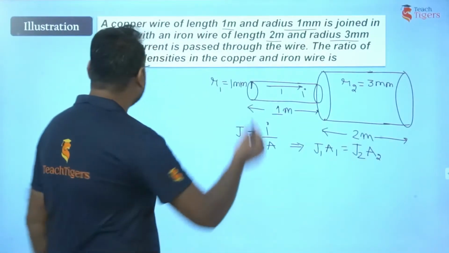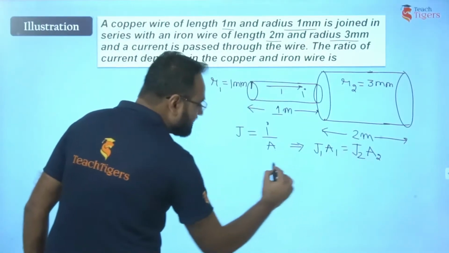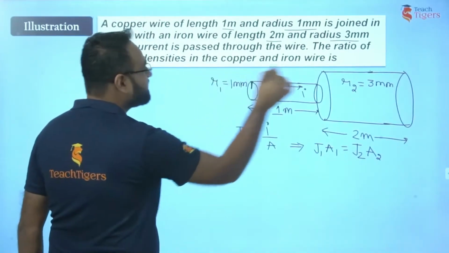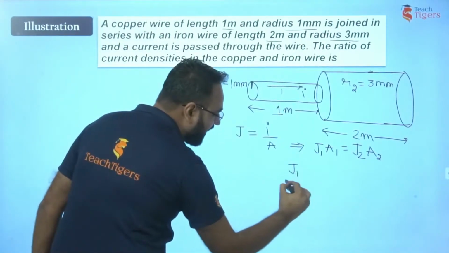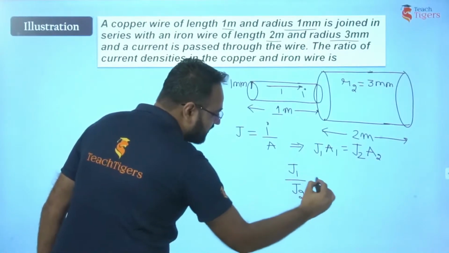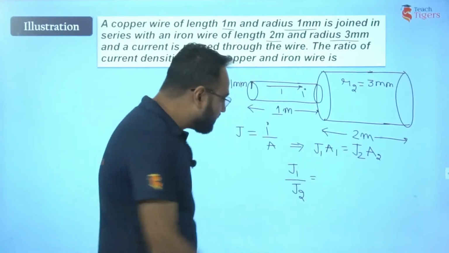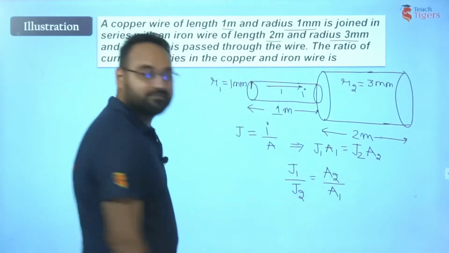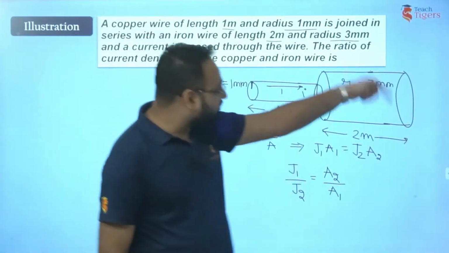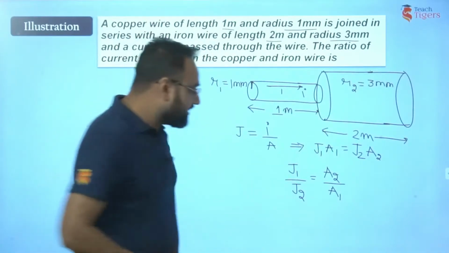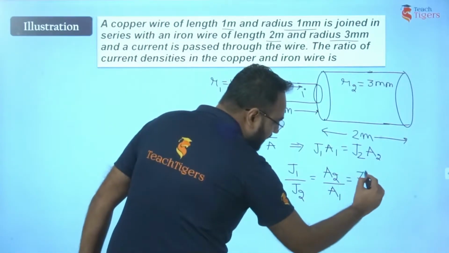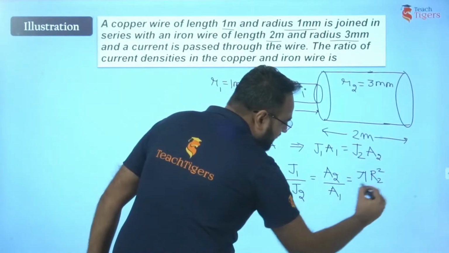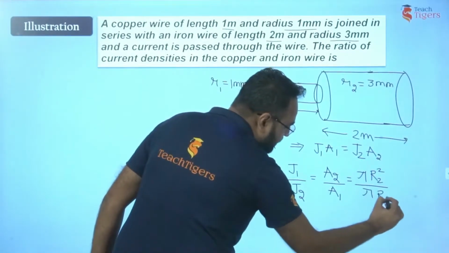Now, we have to find the ratio of current densities. That means the ratio of current densities in the copper and iron wire, so we have to find J1 upon J2. What will J1 upon J2 be? It will be simply A2 upon A1, and we know the area of cross-section is pi r squared. Therefore, this is equal to pi r2 squared by pi r1 squared.